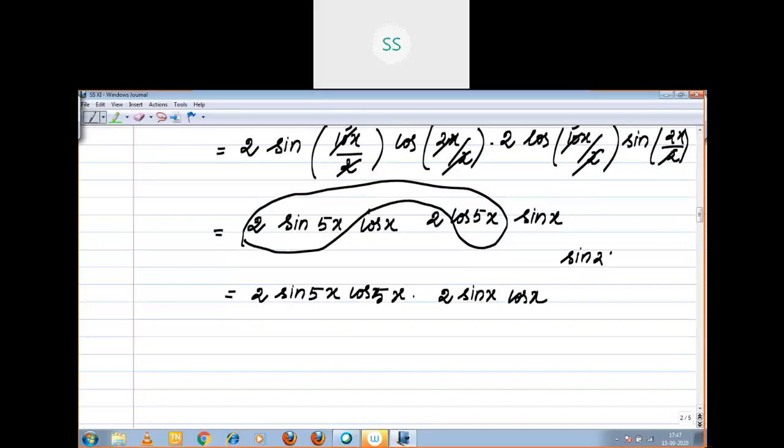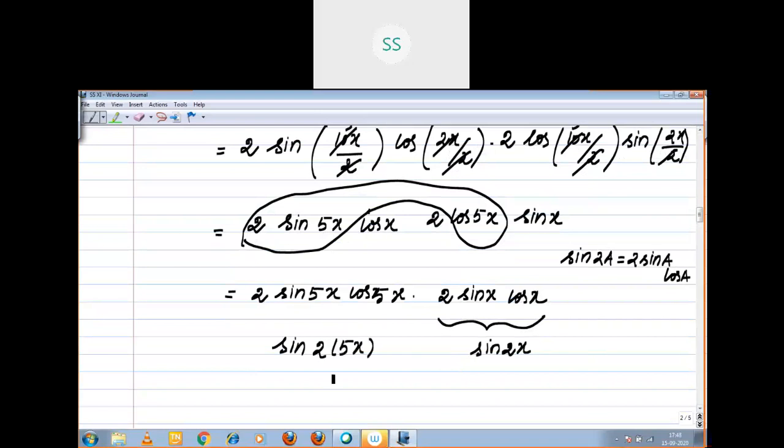This one represents what? sin 2a equal to 2 sin a cos a, right? This one is replaced by what? sin 2x. Got it? Now, in the place of a, what you have? 5x.